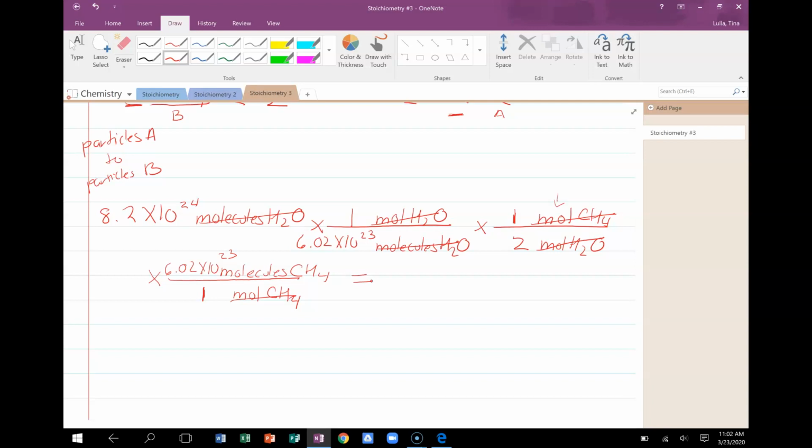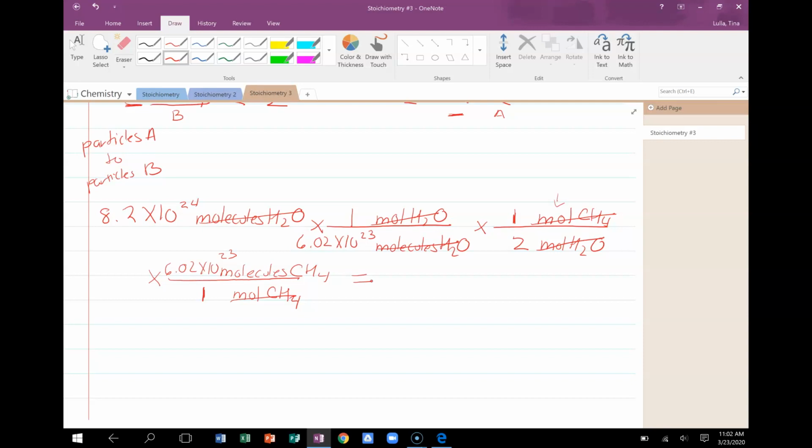And so I'm going to go ahead and type in 8.2 E24 times 1 divided by 6.02 E23 times 1 divided by 2 times 6.02 times 10 E23 equals.